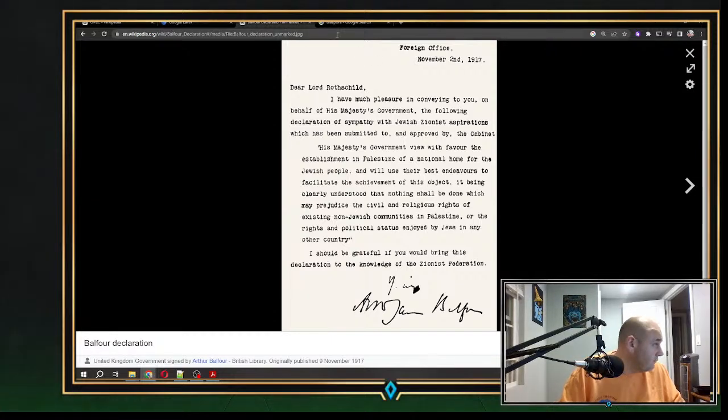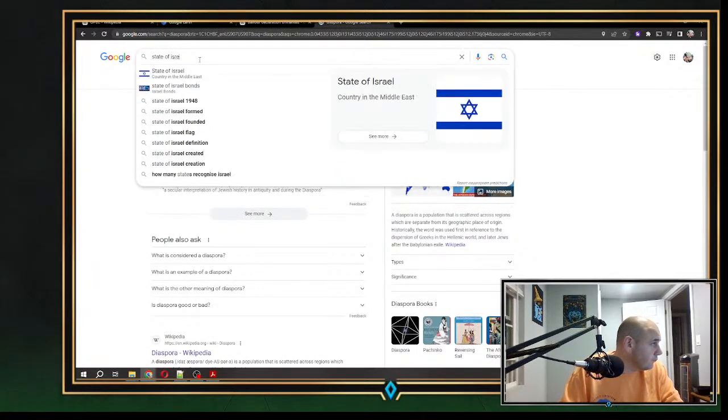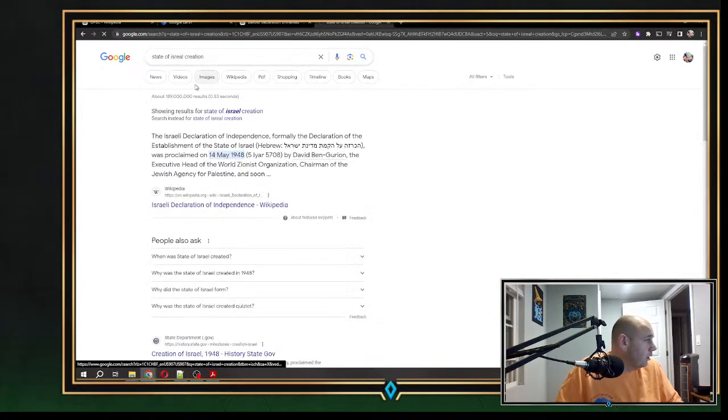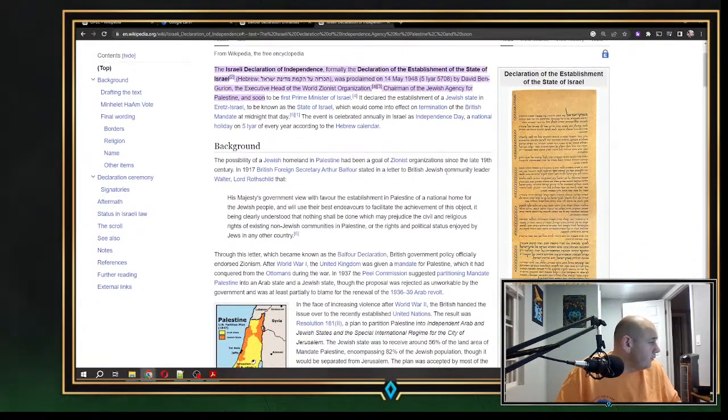This was not a very popular thing, because the establishment of Israel was not popular, because every Arab nation in the UN at the time was basically saying, no, that is Arab land.